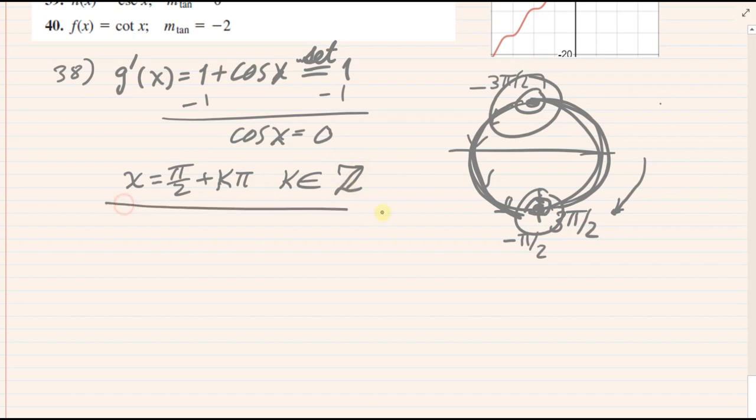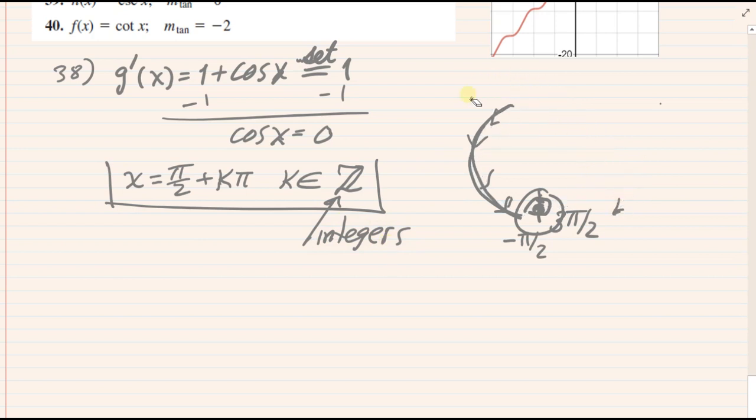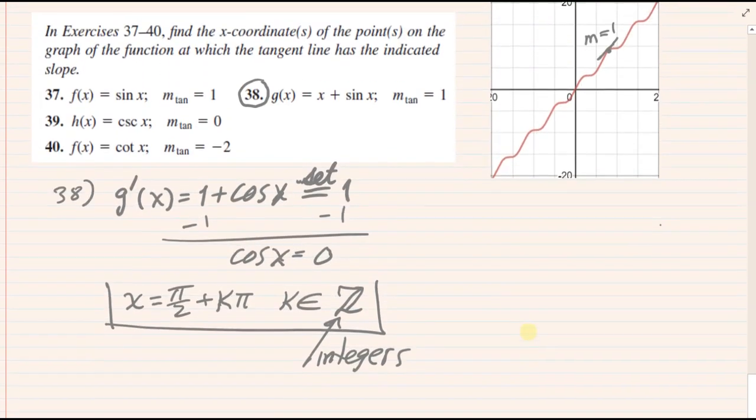This funny-looking Z notation means integers. So k must be an integer. And because it's an integer, it picks up both clockwise and counterclockwise moves around the circle. Okay, and with that, we are done with this section.